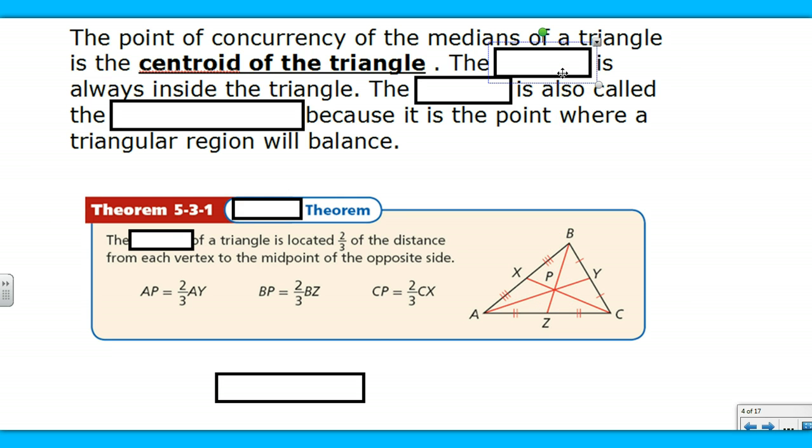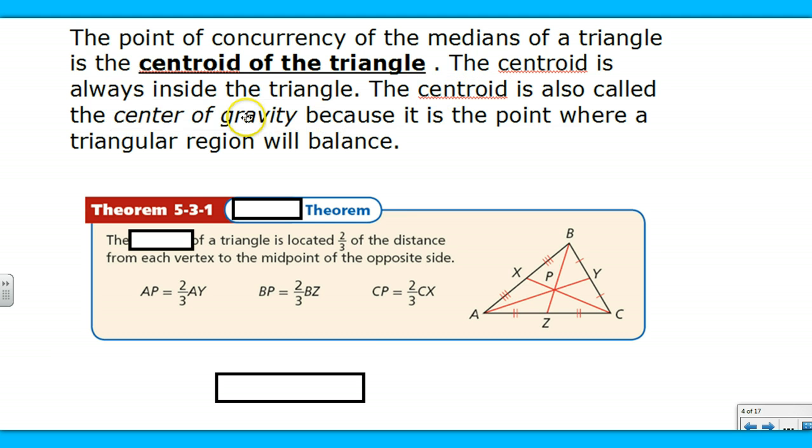So the centroid is always inside the triangle. And the centroid is also called the center of gravity because it is the point where a triangular region will balance. So you can imagine the name, right? The centroid theorem says that the centroid of a triangle is located 2/3 of the distance from each vertex to the midpoint of the opposite side.